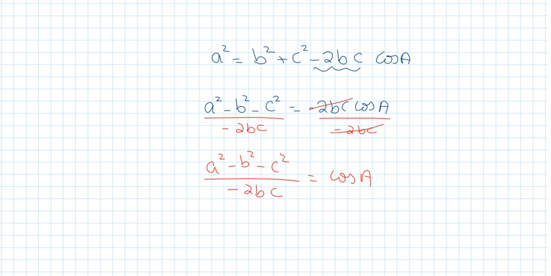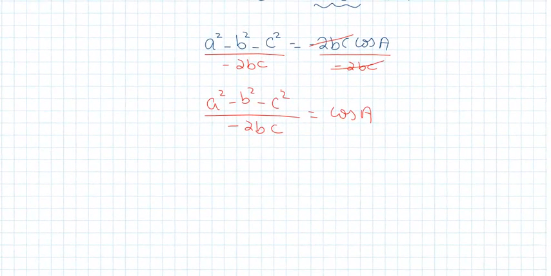Now, the only thing that we can do is get rid of a lot of negatives. You see a lot of negatives out there? So we can simplify it to a nicer look where there are not a lot of negatives. If I factor a -1 out, it becomes b squared plus c squared minus a squared.